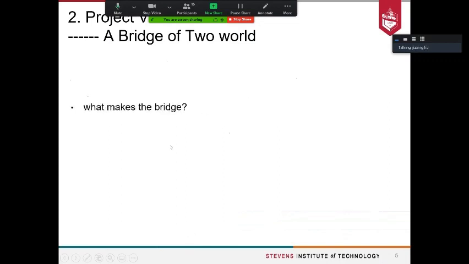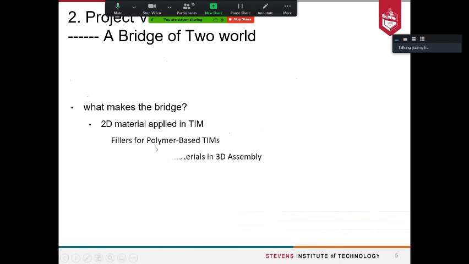In my project, the bridge is 2D materials applied in the TIM, the thermal interface materials. There are two technical paths. The first is fillers for the conventional polymer-based TIM, and the second is the replacement of the polymer-based TIM with 2D materials in 3D assembly.